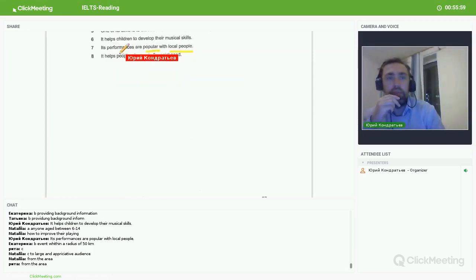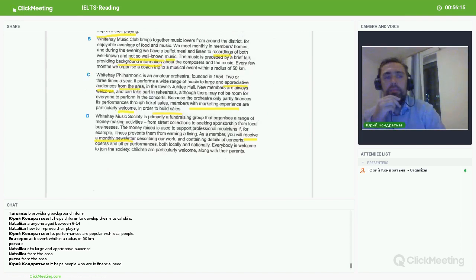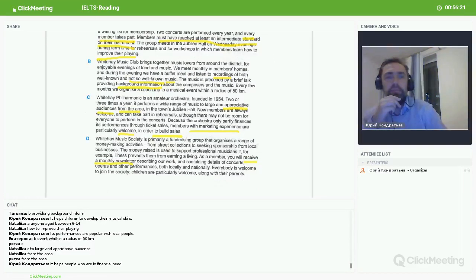It helps people who are in financial need. I will copy this for you. Also, please try to find it. It helps people who are in financial need.